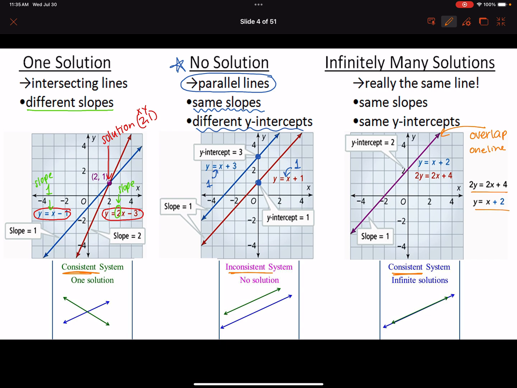Even if you graphed 2 different equations, they end up overlapping. It's one single line. They have the same slope and the same y-intercept because they're completely on top of each other. So these are our 3 scenarios. We're going to practice graphing them soon so that you'll be able to see yourself what they look like based on different equations and how we can even graph these lines.